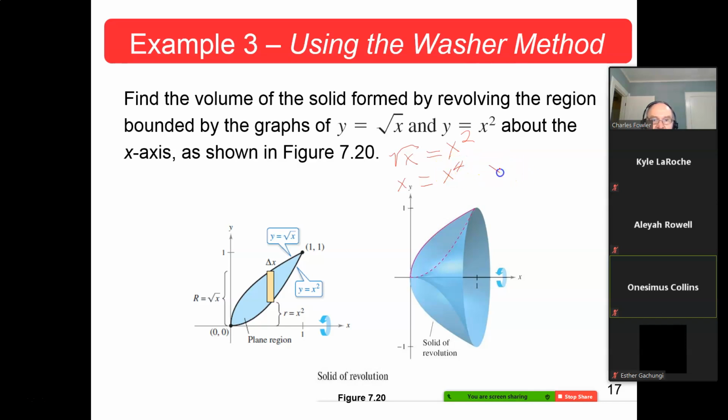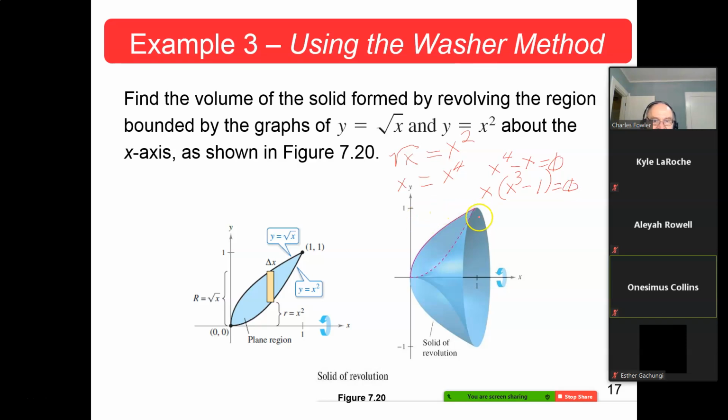So in other words, x to the fourth minus x is equal to 0. When you subtract x from both sides, this would be x times (x cubed minus 1) when you factor, and that's equal to 0.